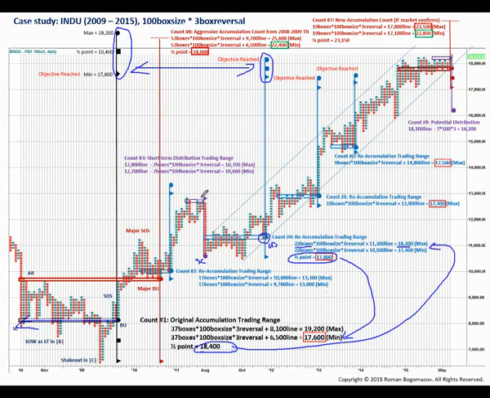Mm-hmm. And so now we turn around and make another base and exactly count up into the large count in the accumulation range. And at that point, the market starts to jump out and begins its markup again.